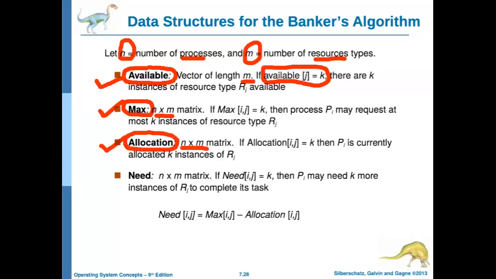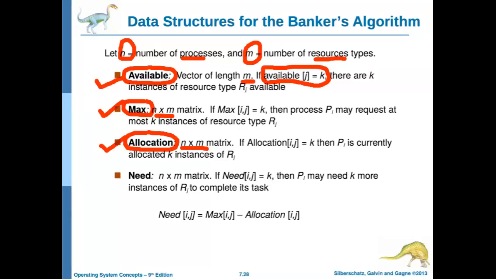It talks about the current allocation of resources for all the processes. So max is the maximum demand, allocation is the current allocation. For example, allocation of i comma j equal to k means currently the ith process is allocated k instances of the jth resource.